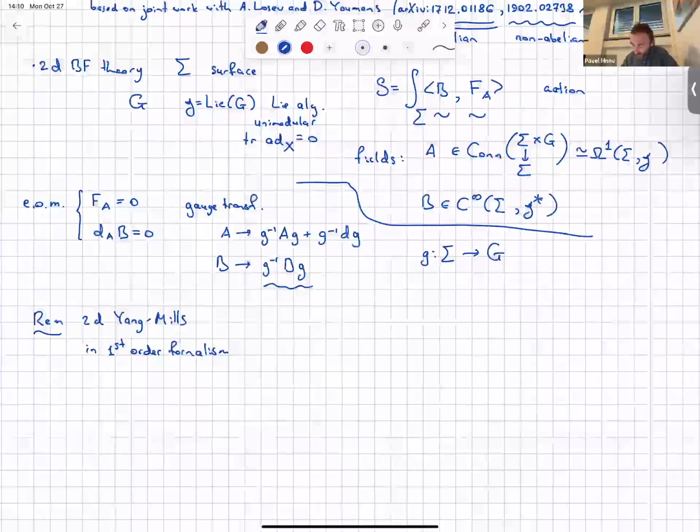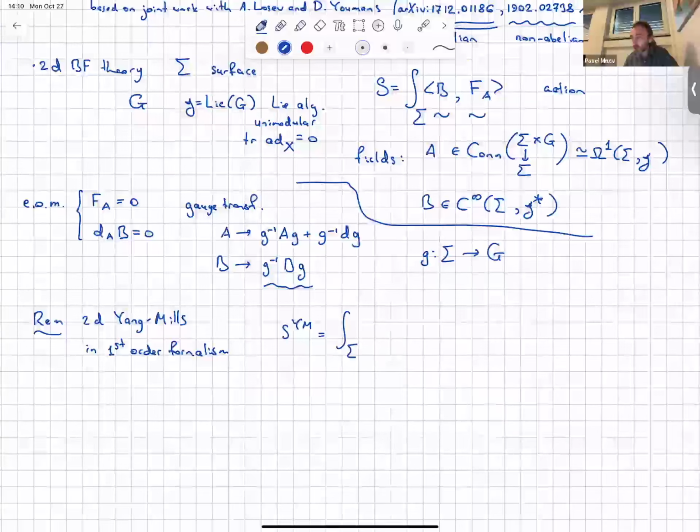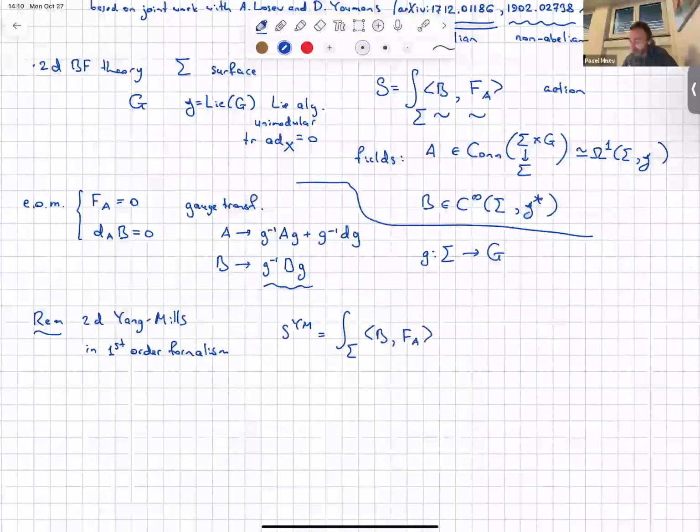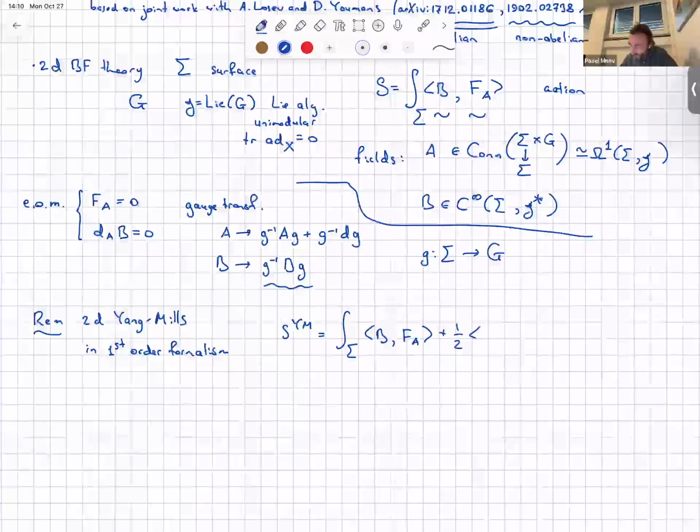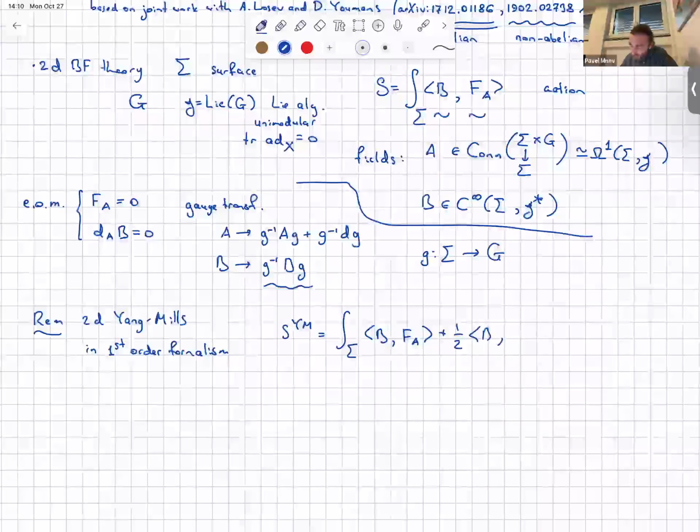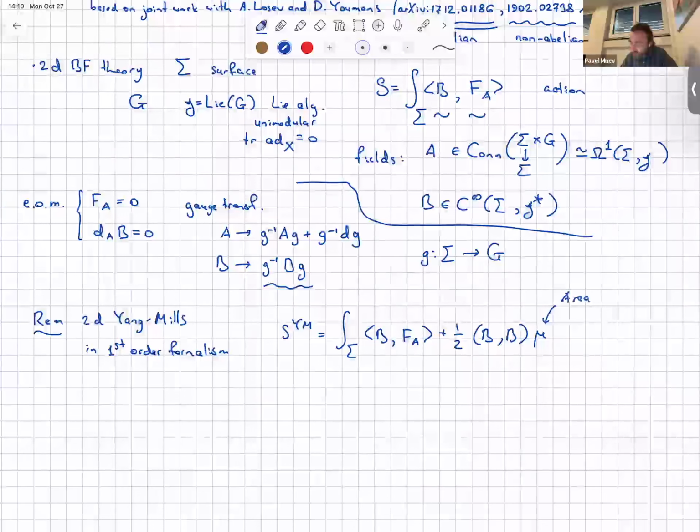Two-dimensional Yang-Mills theory, written in the first-order formalism, is given by the following action. It's the integral over the surface of B paired with the curvature of A, plus the square of B, the pairing of B with B, times the area form on the surface.